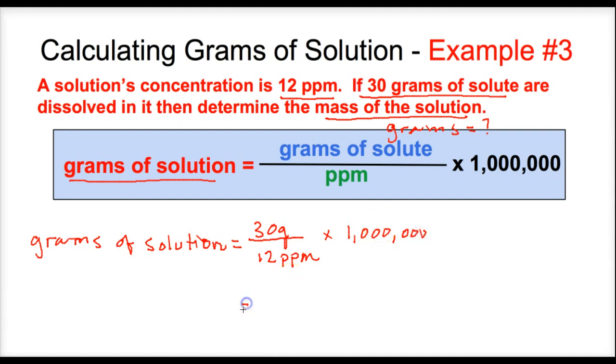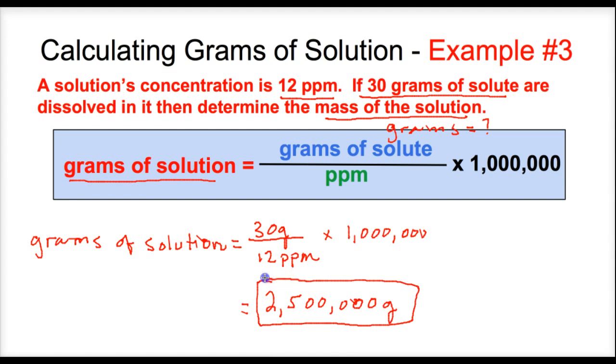If we put this all in our calculator, it looks like we're going to end up with 2,500,000 grams. So the solution's mass here is 2,500,000 grams, which is a lot of grams. It's a lot of mass. Okay, so this is parts per million in a nutshell, and I hope this was helpful.